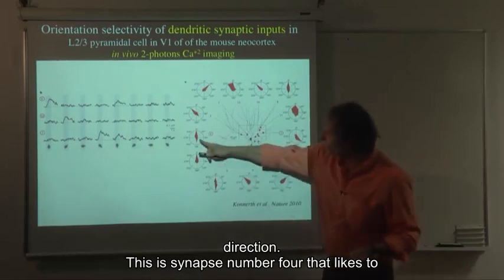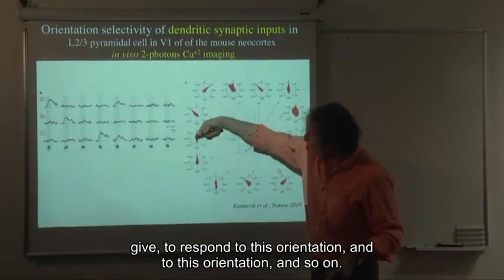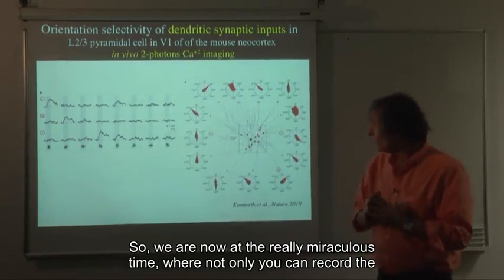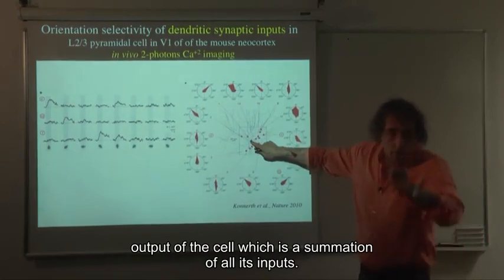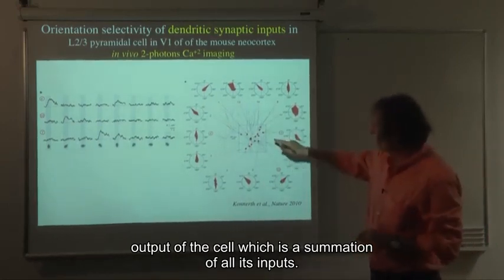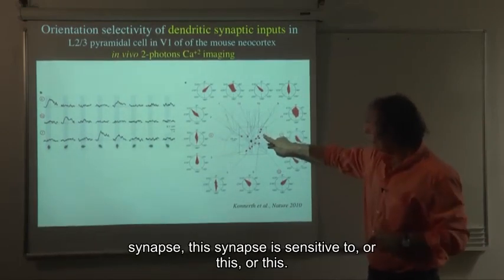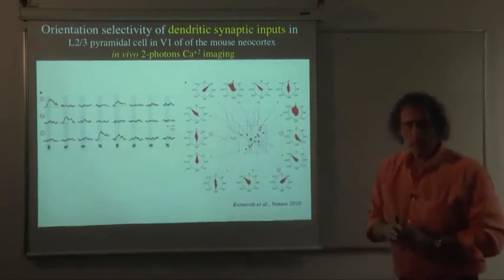So we are now at a really miraculous time where not only can you record the output of this cell, which is a summation of all its inputs, but also you can record the input sensitivity itself: what direction this synapse is sensitive to, or this, or this.